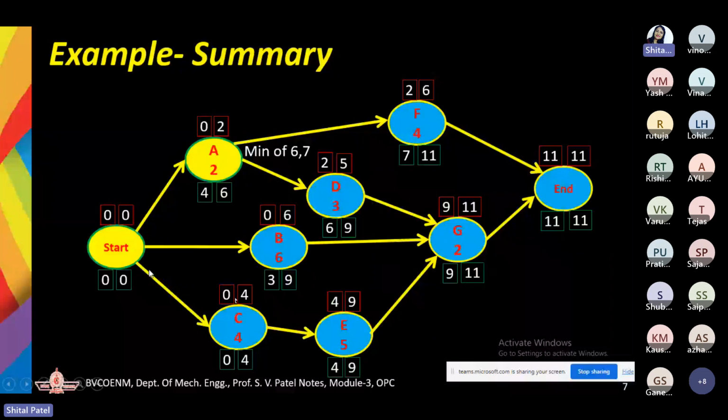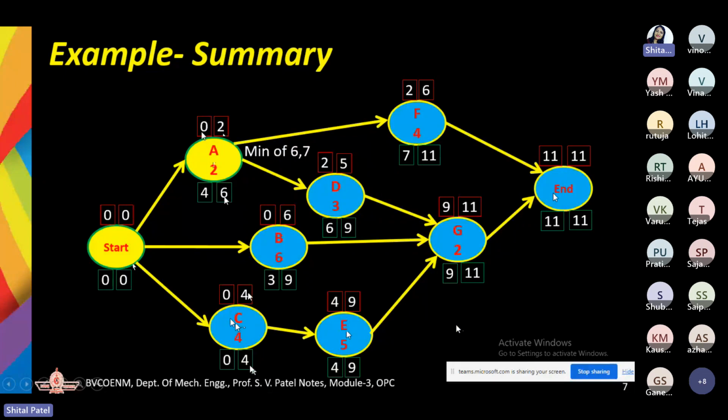So you can see over here for A, the earliest start is 0, earliest finish is 2. But the latest start is 4 and latest finish is 6. So both are not the same, right? Similarly for B, D, and F. But you can see over here for C, we are having earliest start and latest start as 0, earliest finish and latest finish as 4.